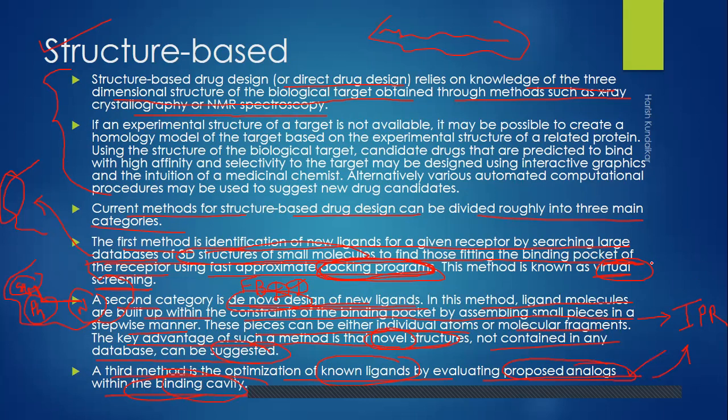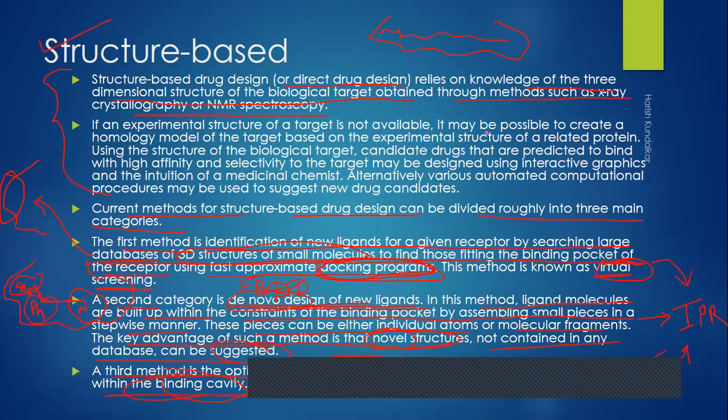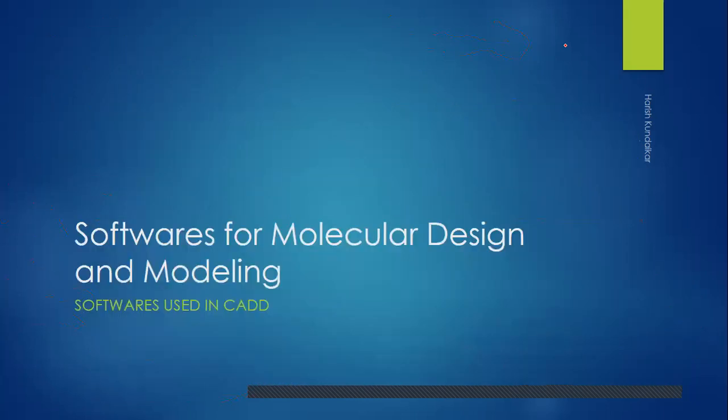Getting patents is a little more difficult, but it is not that it cannot happen. But yes, we can have analogging, docking, and fragment based drug design. The software used for molecular design and modeling we'll see in the coming lecture.